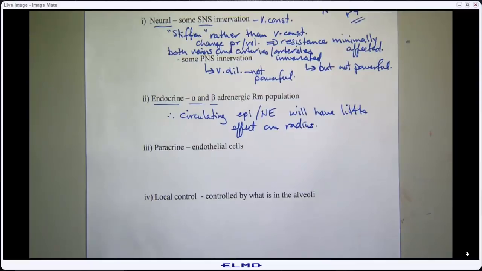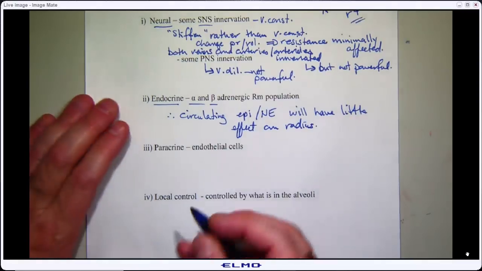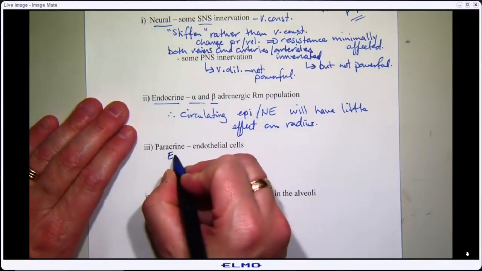So we also have paracrine control, we have endothelial cells. The whole vasculature is lined with those endothelial cells, and they're releasing products. So they're up in the pulmonary system. They are also releasing products, and they're the ones that we've talked about before.